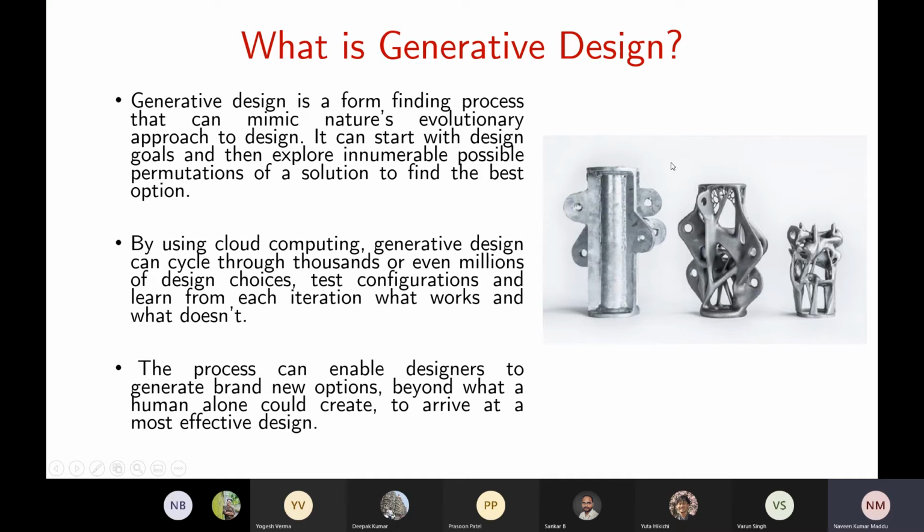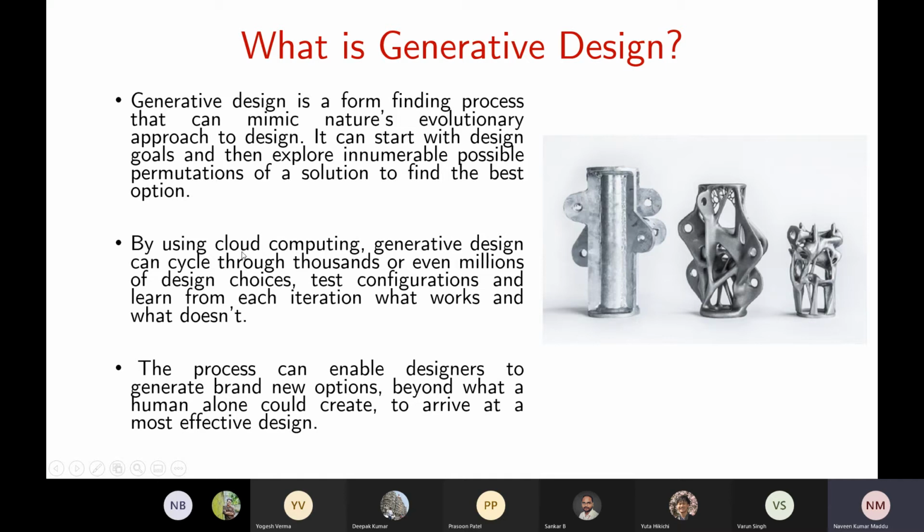But the generative design has designed this kind of object, and mostly generative design is used in architecture, construction, and some kind of animations, right? So you can see here. I'll read this: it can start with a design goal and explore the innumerable possible permutations of a solution to find the best option.